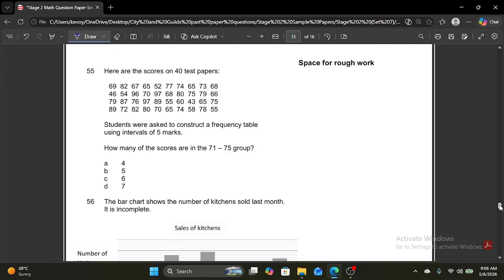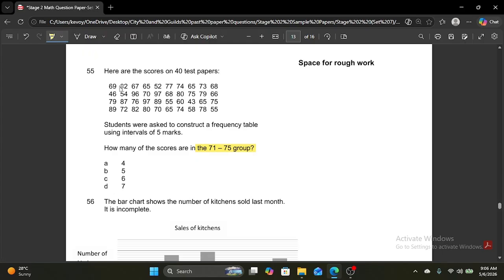How many of the scores are in the 71 to 75 group? So let's highlight this. That means what we're trying to find is how many persons scored between 71 to 75.